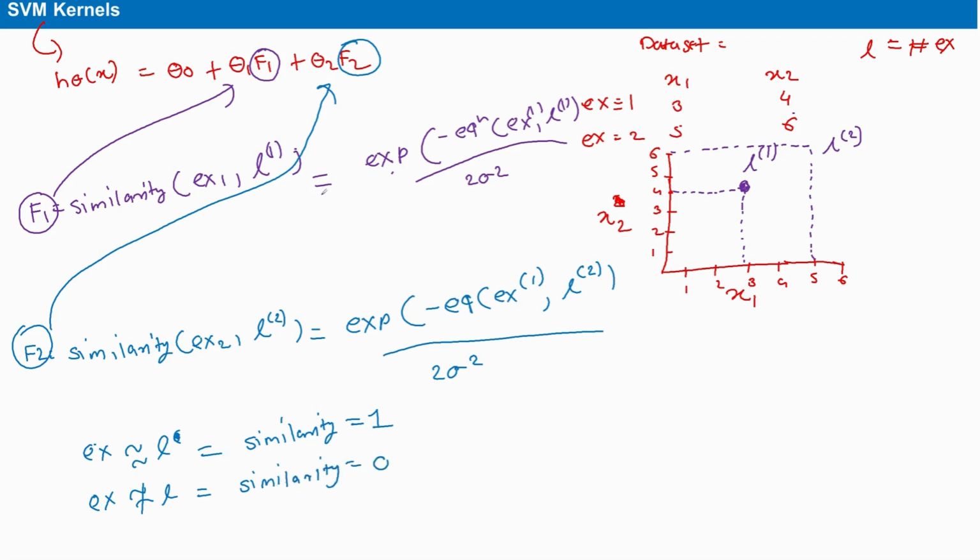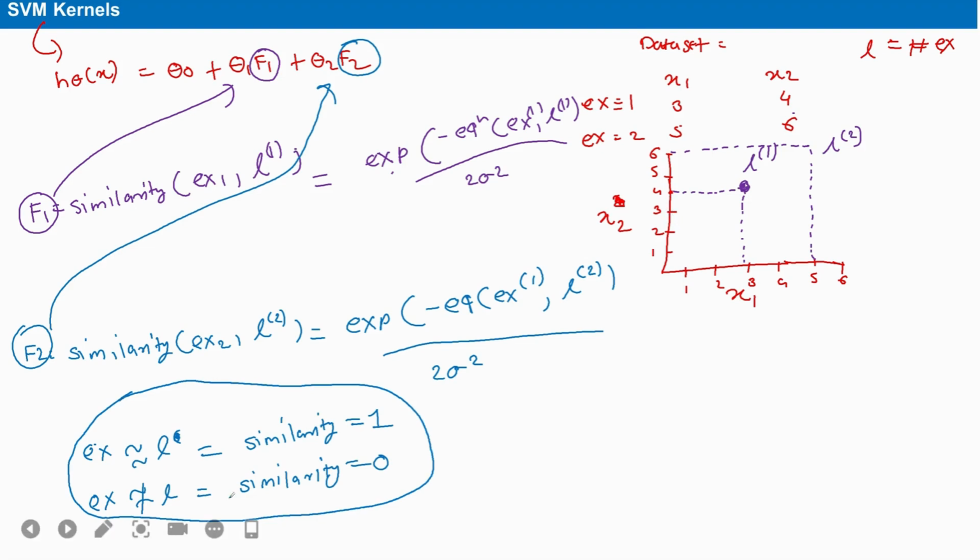So whatever feature values we have, we get either 1 or 0. What it is doing, as I said, is transforming your 2D features to a higher dimensional space. How is it transforming?